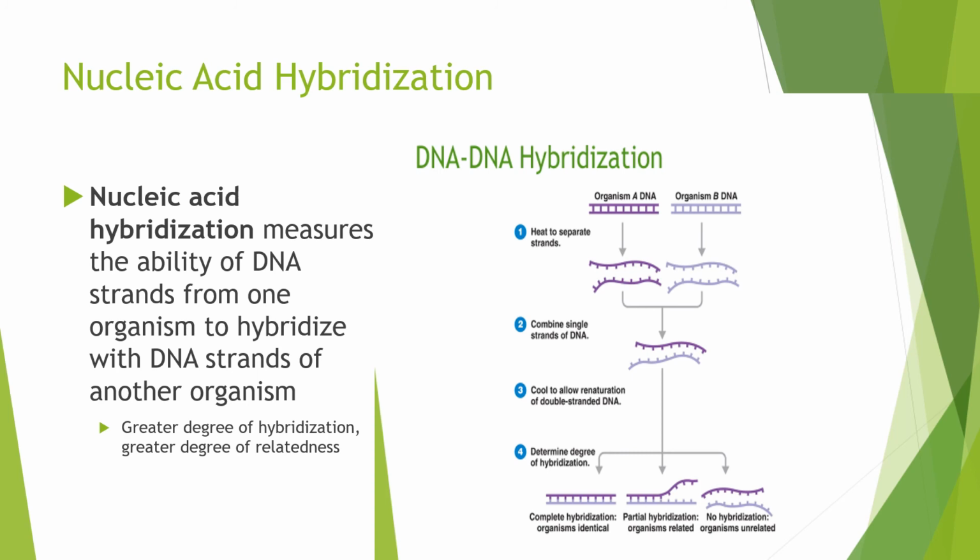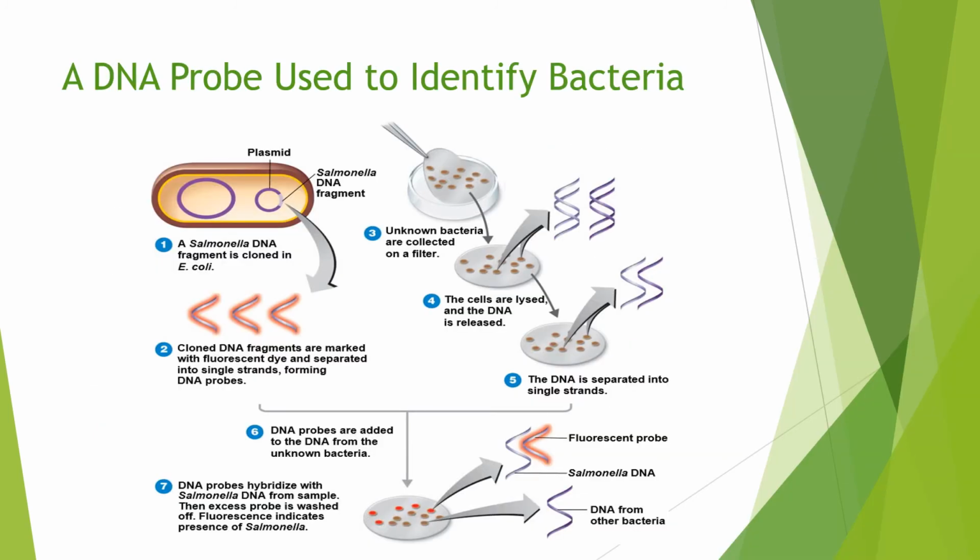So let's take a look at an example. Let's say you have this bacteria right here, and this bacteria has plasmids, which are basically DNA. You extract a piece of the DNA from the plasmid, and let's say you want to make more of it, so you want to clone it.